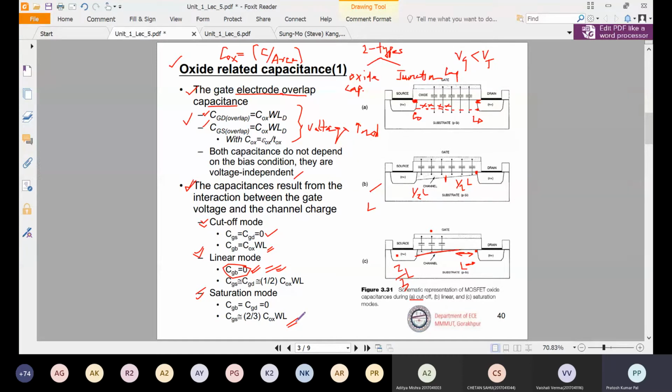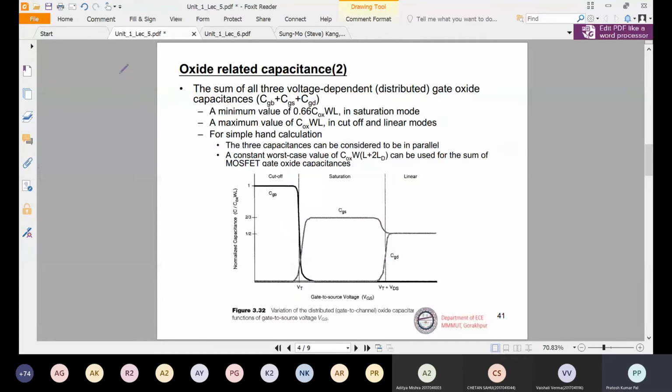So these are called the oxide related capacitances. Oxide related capacitances mean all the capacitances will have some role of this oxide. So this oxide plays the role in estimating these capacitances.